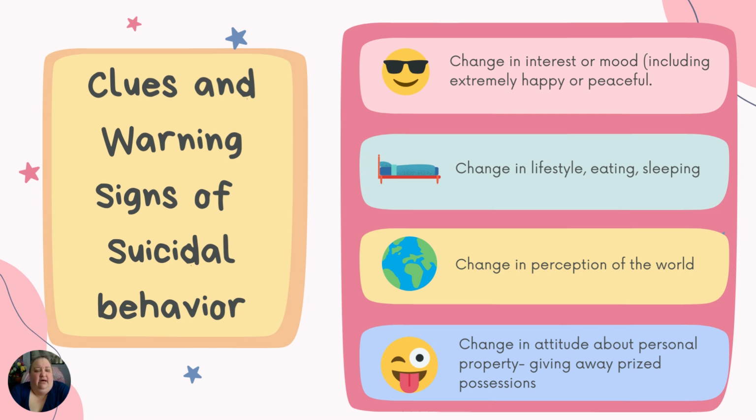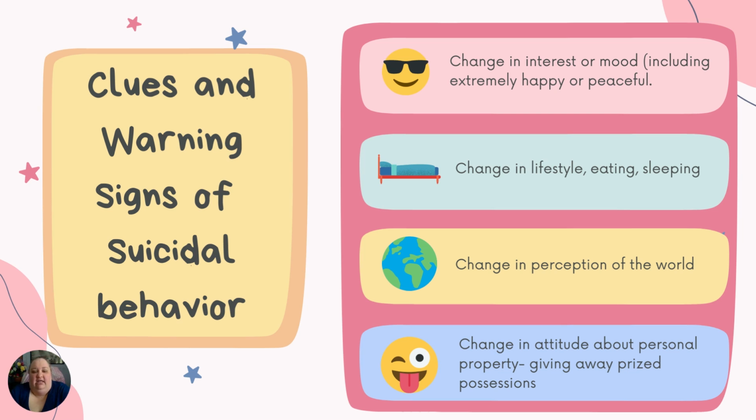So when you're talking about depression, you're talking about possible suicidal ideation. Some warning signs of suicidal behavior: you're looking for changes in interest or mood, including extreme happiness or peacefulness. If that's abnormal, that's something to be a red mark in your brain.